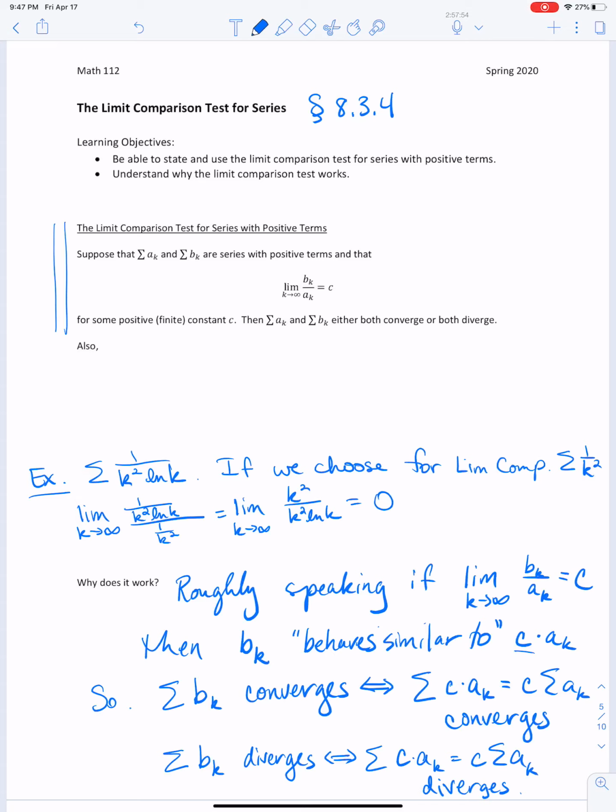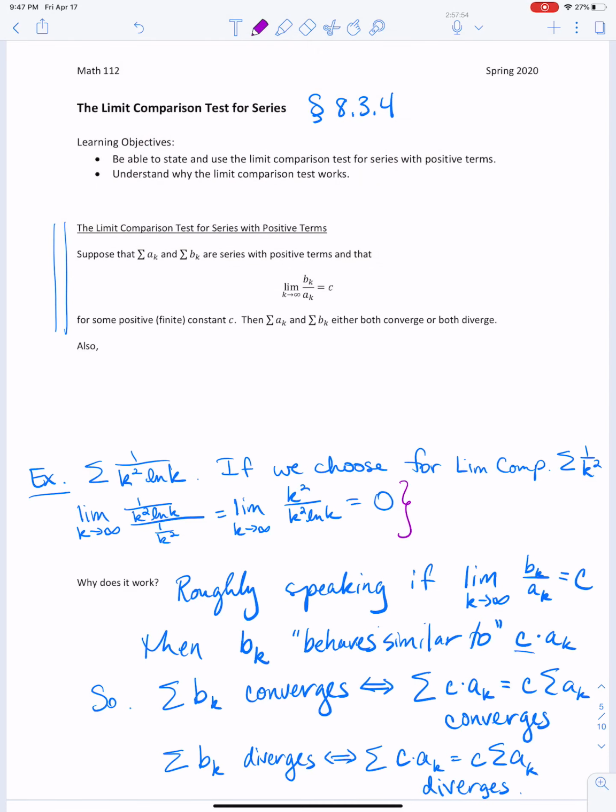However, if the series in the denominator converges, then the series whose terms are given in the numerator here must also converge. Because what is this limit statement saying? If this limit is 0, well, then let me go ahead and switch colors here.